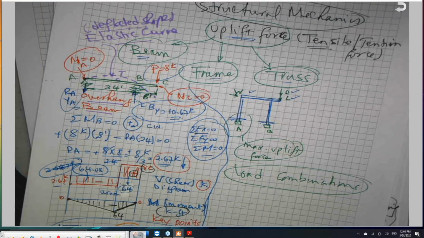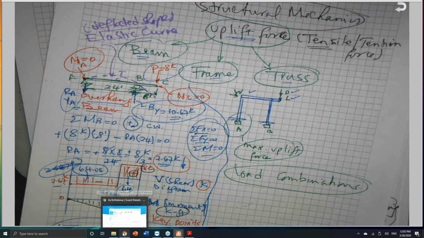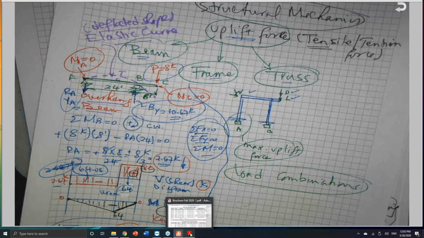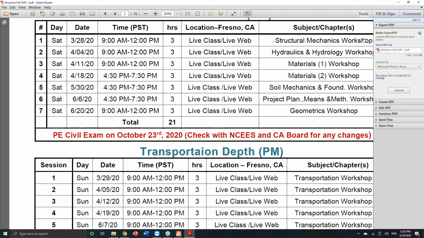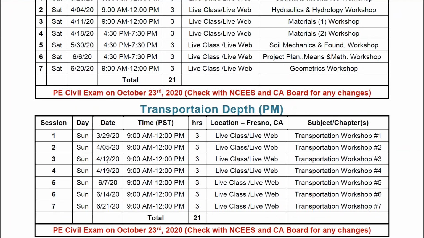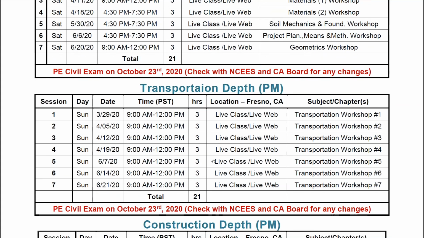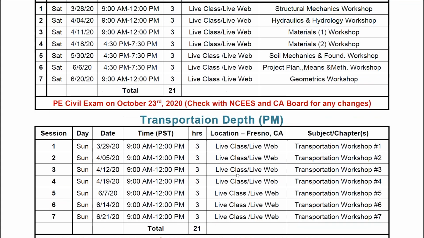Tomorrow is 29. I will be here for transportation, and I will talk about what we are going to cover in these 7 sessions, using my transportation books, and you are very welcome to join if you are interested in transportation.